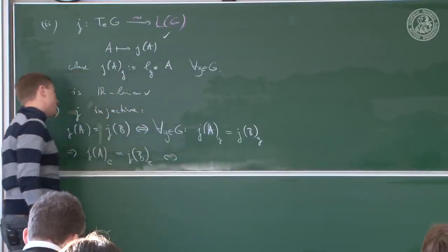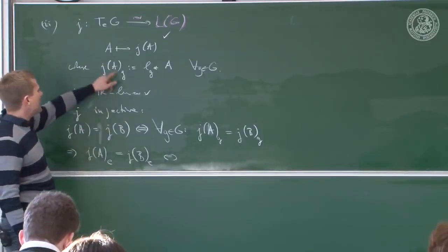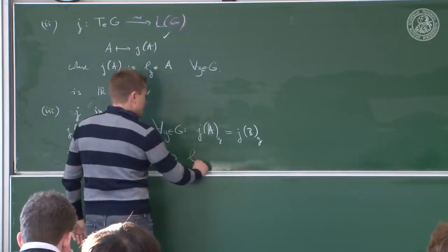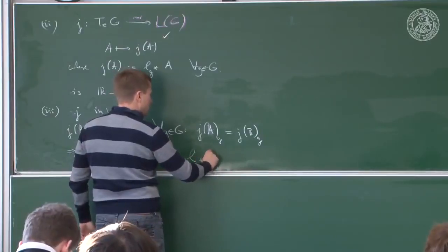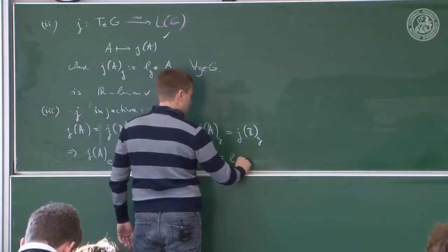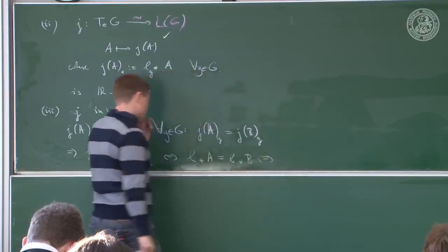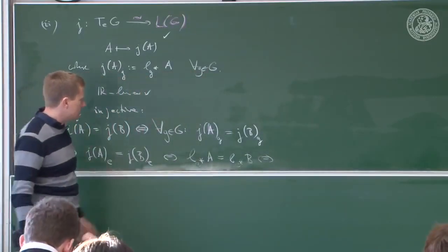Now again, we continue with equivalence arrows. What is J of A at the identity? Well, it's L_e push forward A, and that is supposed to be L_e push forward of B. But what is the push forward L_e star A?